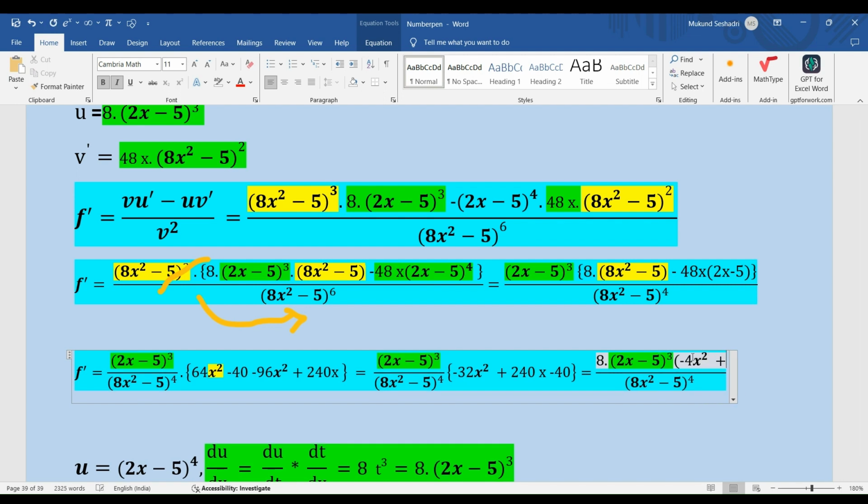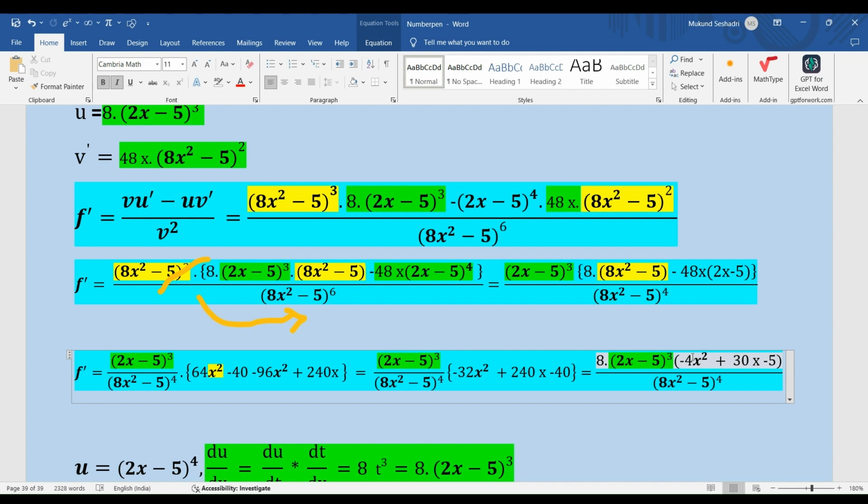And then my plus 240x becomes plus 240 divided by 8, which is plus 30x, right? Plus 30x. And then my 40 becomes 40 divided by 8, which is a minus 5, right? So there I have pulled out 8 and represented the quadratic as −4x² + 30x − 5, right?